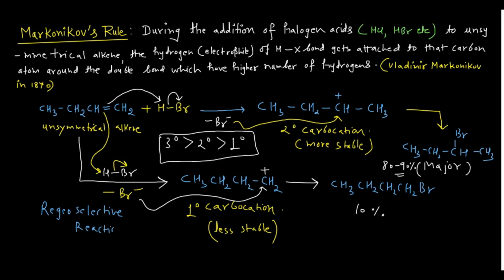Please remember, especially for beginners, this term is very important: regioselective reaction. So what are regioselective reactions? If you haven't seen my earlier video, I am giving you the link in the description box, where I have explained the various kinds of selectivity in organic chemistry: regioselectivity, stereoselectivity, chemoselectivity.